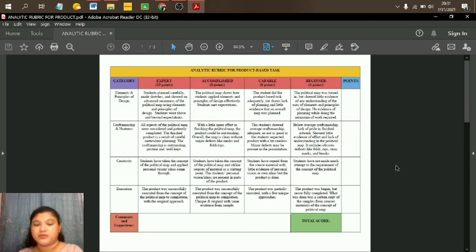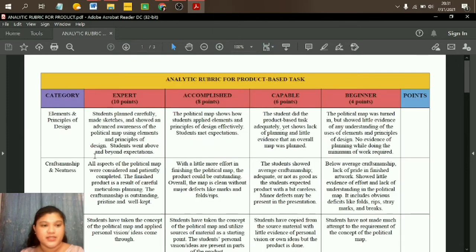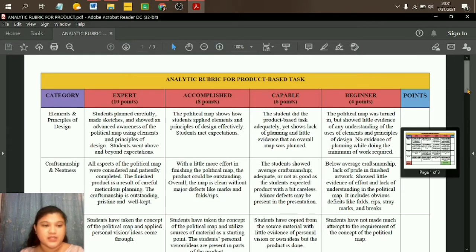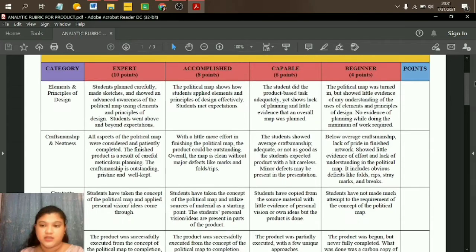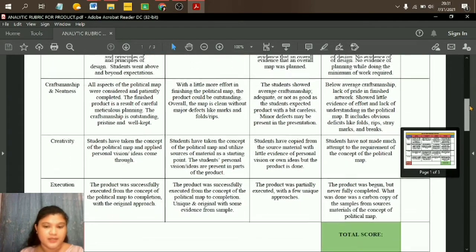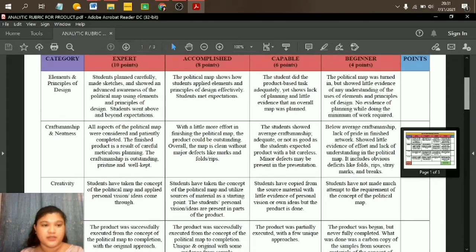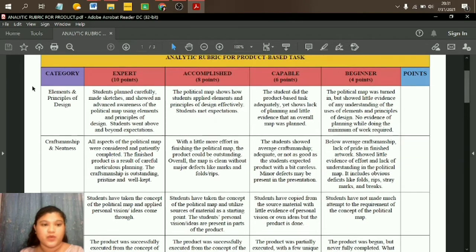Lastly, let's proceed to an example of a rubric, an analytic rubric. This is for a product-based task. These are the categories: elements and principles of design, craftsmanship and neatness, creativity, and execution. So there are only 4 criteria or categories, and for each category there would be different points with a different label too.